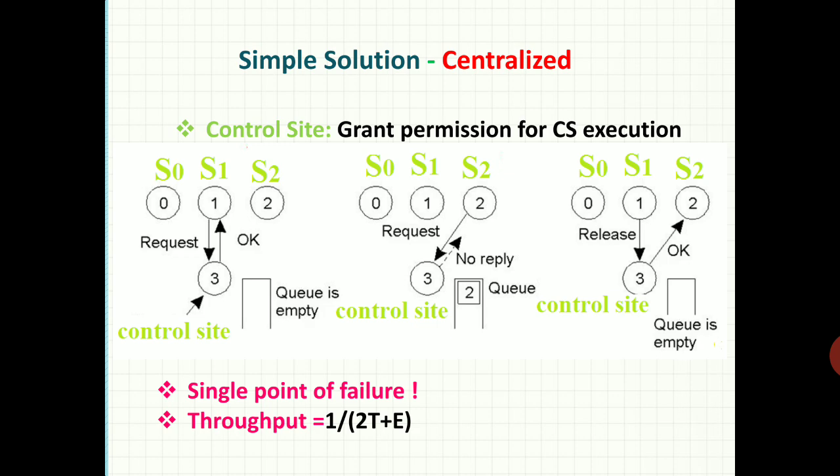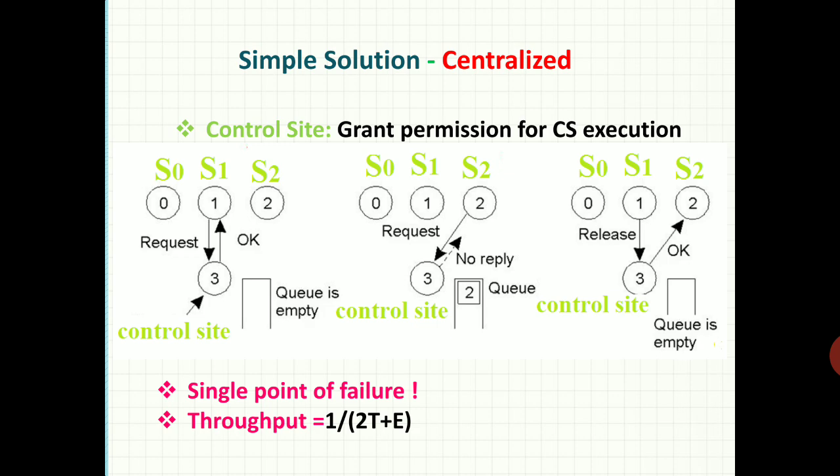The control site queues up the requests for the critical section and grants them permission one by one. It also maintains a queue. If the critical section is already engaged, then the request is queued up. Here you can see that site S1 is in the critical section.